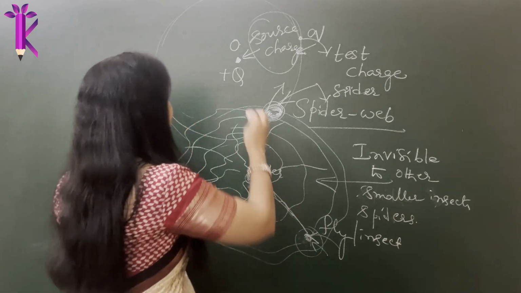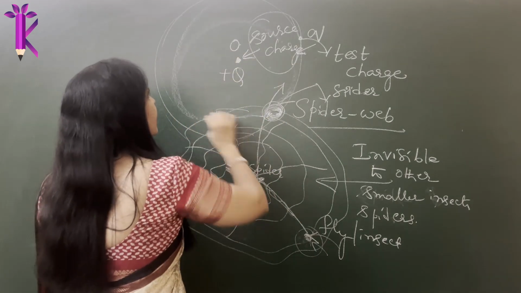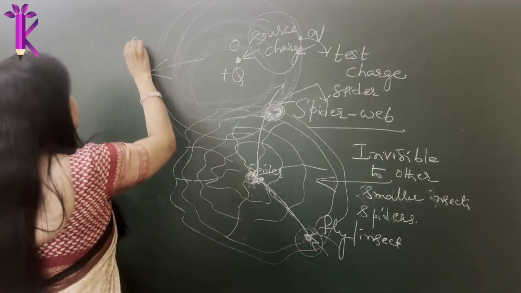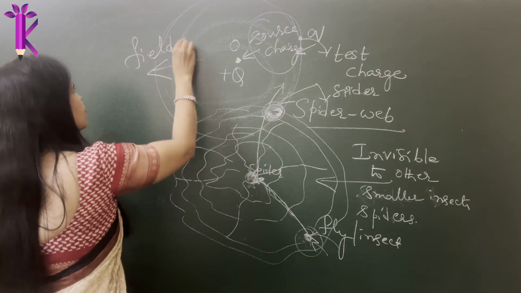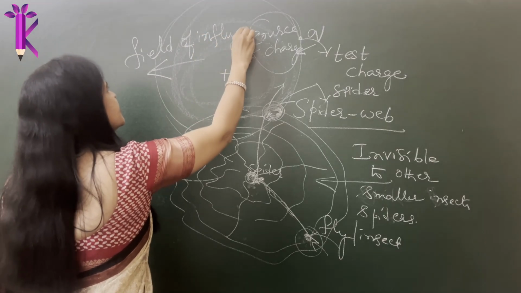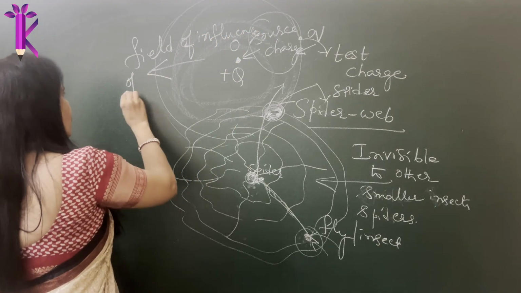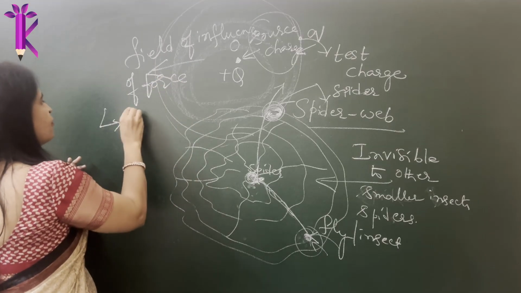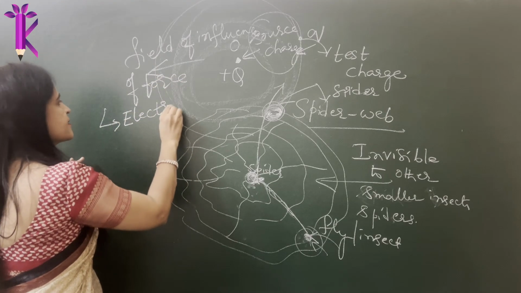And this area that is surrounded around a source charge is what is referred to as field, the field of influence of force, right? This field of influence of force is what is referred to as electric field in electrostatics.